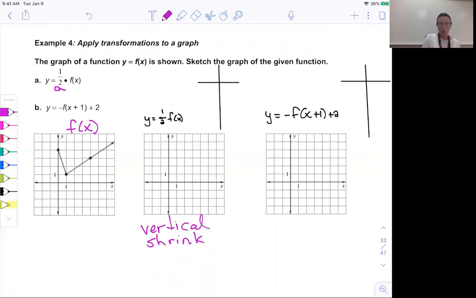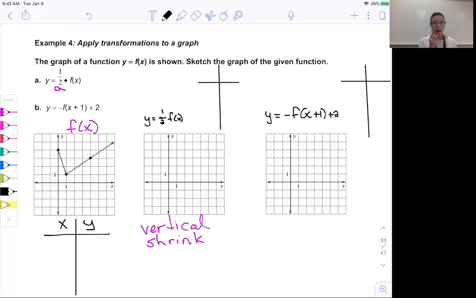The way that we apply it to the crazy graph that we have, this little check mark, is to think about the ordered pairs that are already in the graph, or already in this picture that we have. So I'm going to make a little t-chart underneath. And I'm going to take the 3 points that they have on there, and I'm going to write those 3 points in my t-chart, because I don't have an equation. So this isn't an absolute value equation, it's just a little check mark graph.